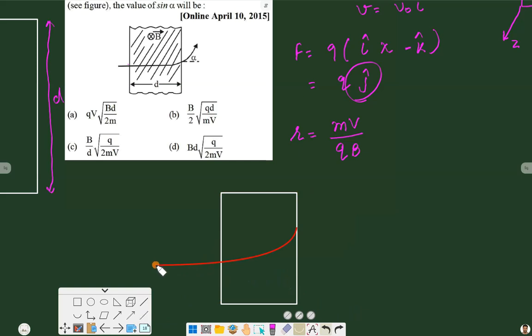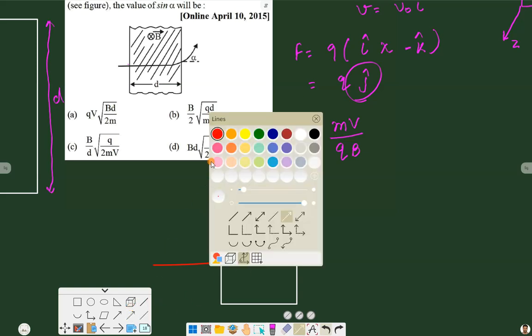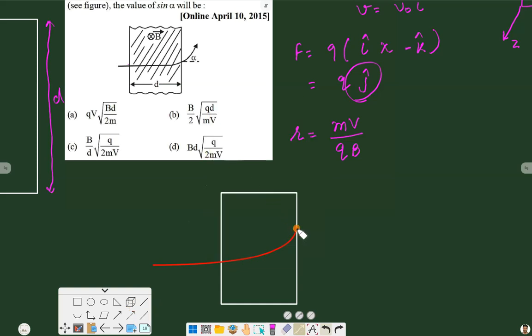Let this red line represent the path of the particle inside the magnetic field, and after it escapes, it will follow a path something like this. And we have to find out this angle alpha.